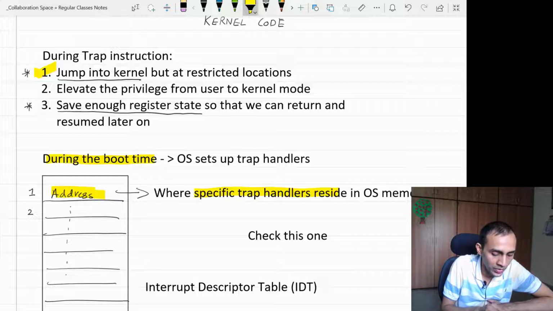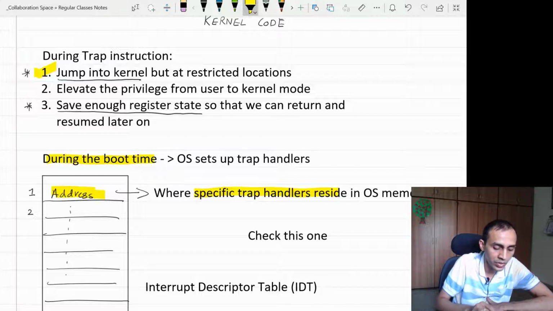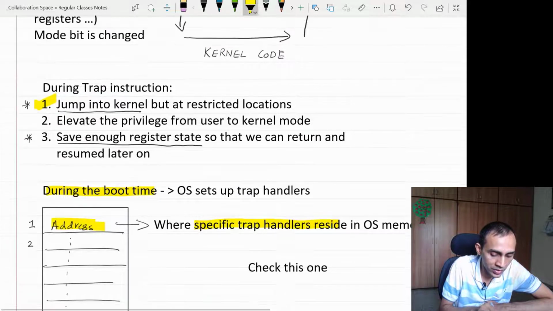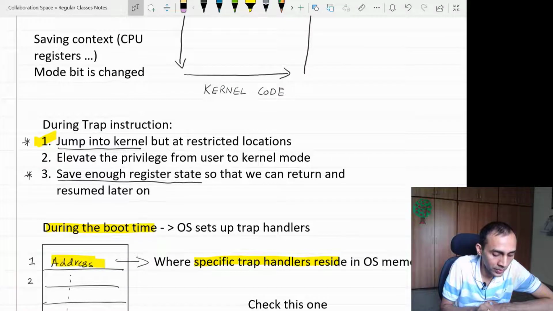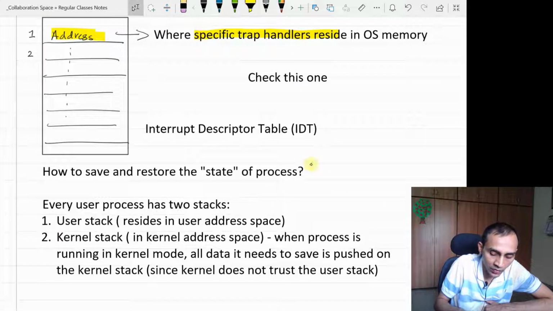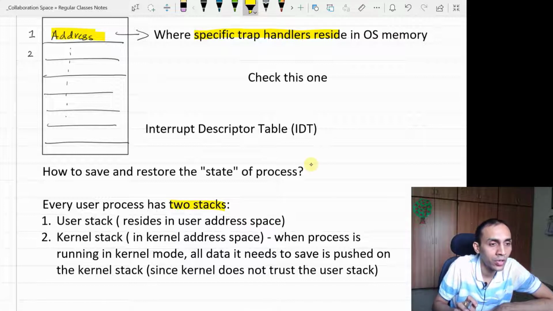The hardware jumps the execution into that specific kernel code, changes the privilege mode, changes the CPU mode bit, and then saves enough register state. For that purpose, we said there are two stacks available for every process. One is a regular user stack, used for regular procedure calls.